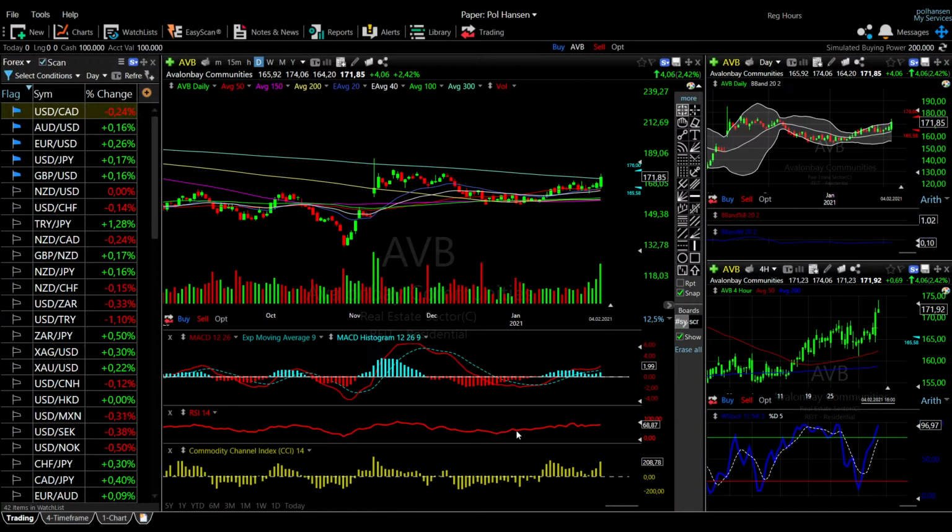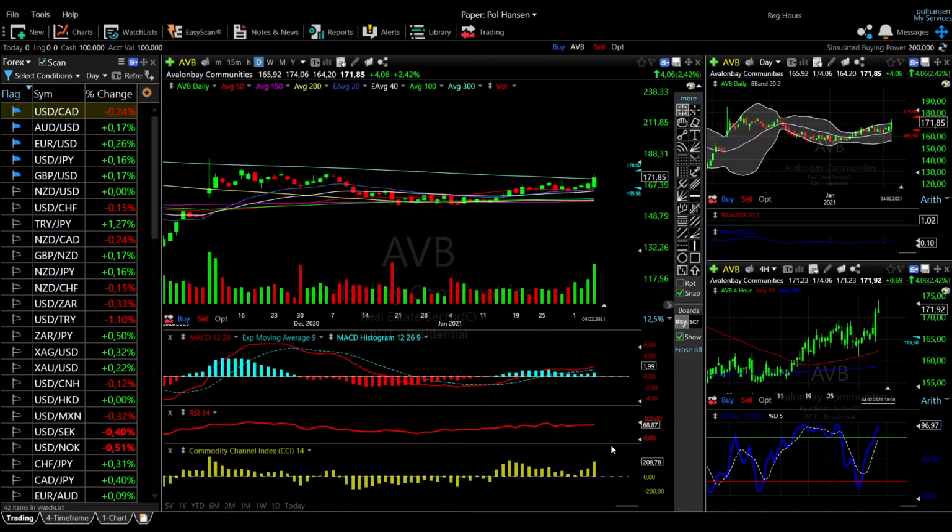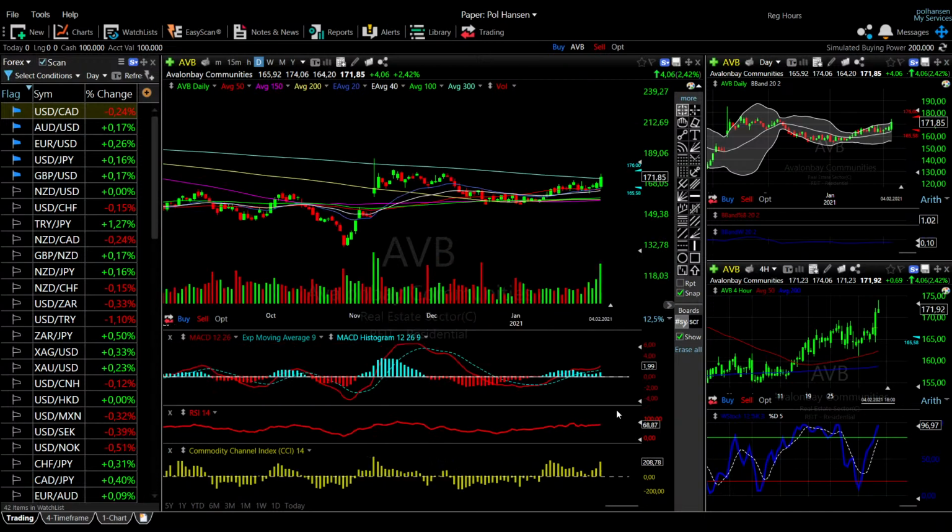So the RSI is a momentum indicator. It also shows you when stocks or instruments of any sort are oversold or overbought. If I zoom in, you can see that we have 100 here and then we have 0 down here.